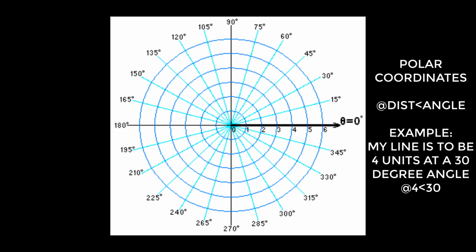We will start the command again with the at symbol because it's going to be in relation to another point. And then we say the distance or the length of the line. For example, if it's 35, we would put at 35, and then to represent that we are talking about an angle, we are going to use the less than sign. So we would say at 35 less than, and then we tell it what angle.